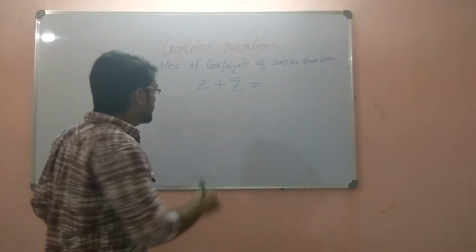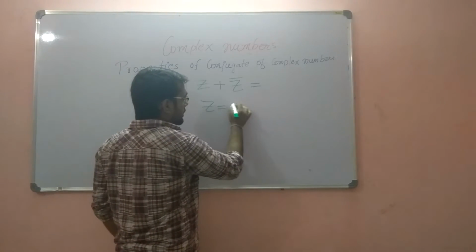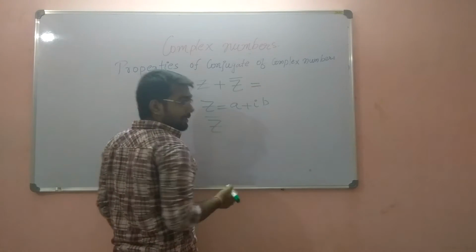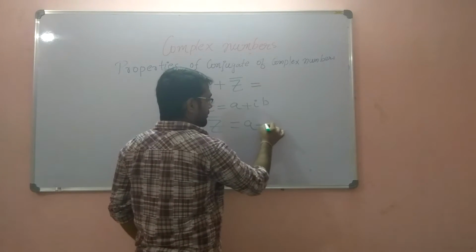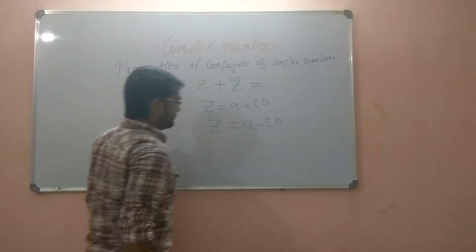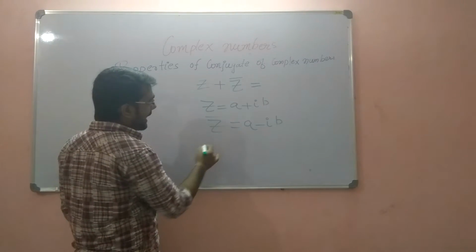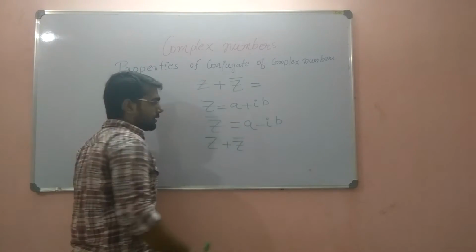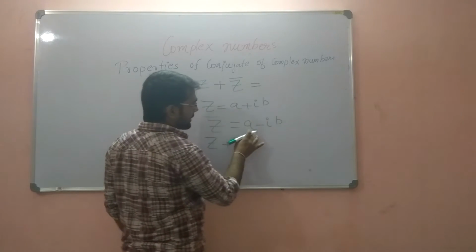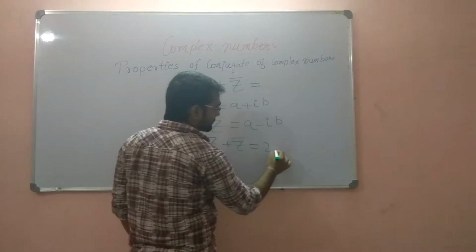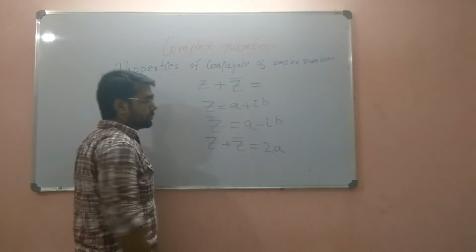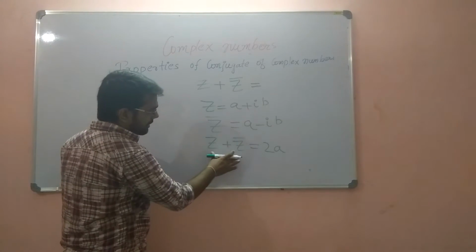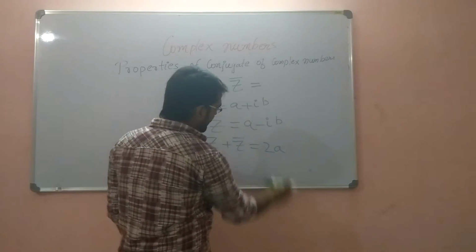Suppose we have a complex number z equals a plus iota b, then the conjugate of that complex number would be a minus iota b, right? So if we add z plus z bar, then we get a plus a, that is 2a, and the imaginary part becomes 0 because that is plus ib and that is minus ib. So z plus z bar equals 2a, right?